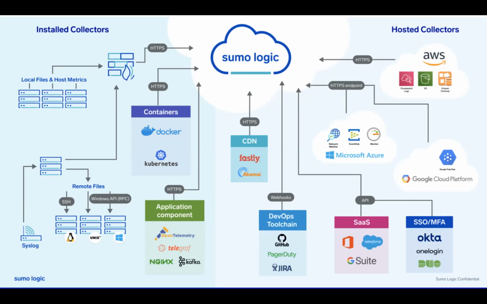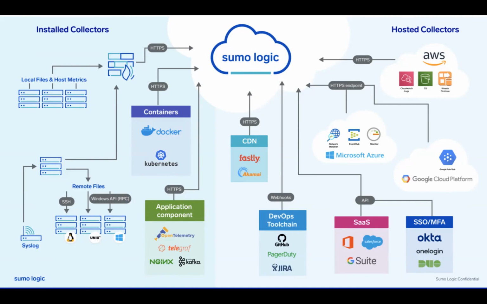And if you talk about the collection mechanism, there are two methods. One is your installed collector, which is on the left. The installed collector is basically a small agent which will be running on your EC2 instances, VMs, or any of the devices on premises or on cloud, where you can install the agent, get data collected and send it to Sumo Logic.